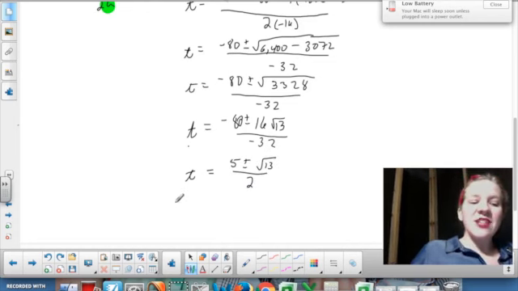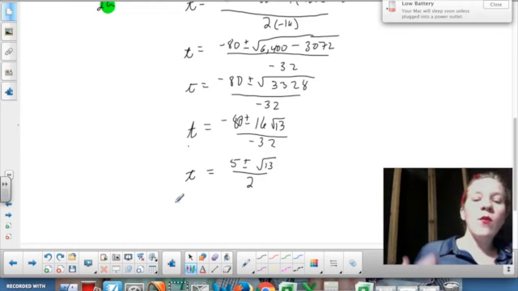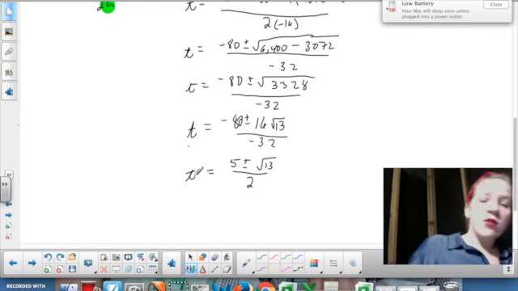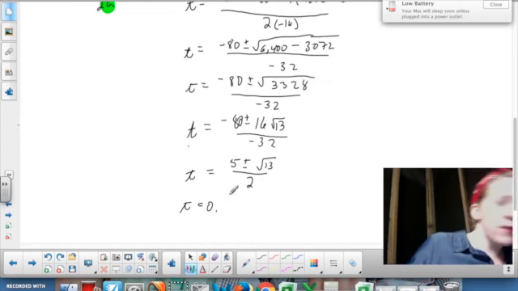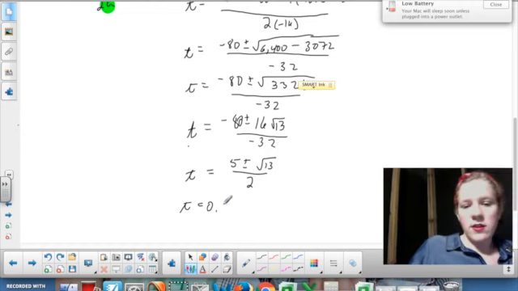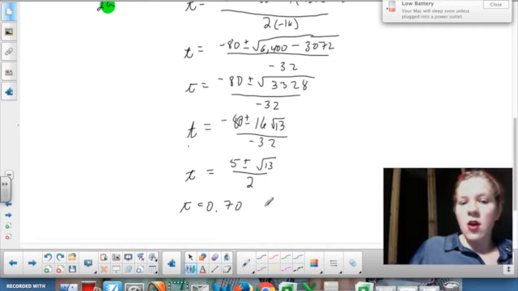Now, in applications, we typically give a decimal approximation because I want an actual time. So the decimal approximation for this is going to be, according to my calculator, I'm going to round to the nearest hundredth, 0.70 seconds.